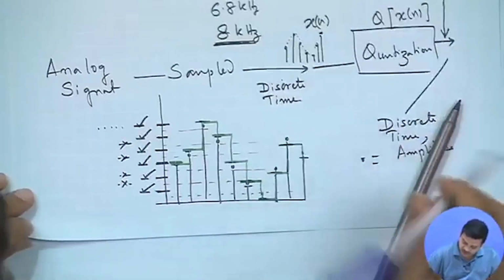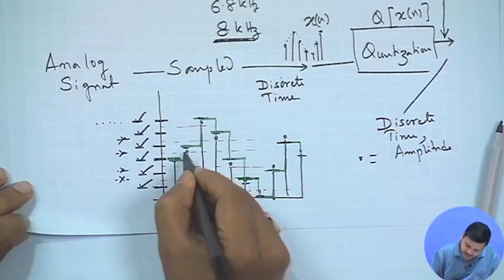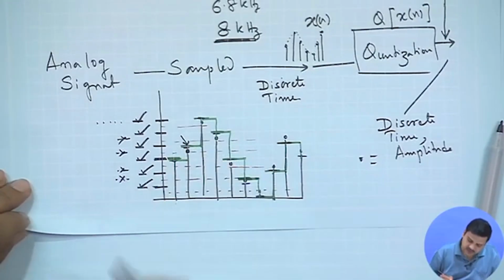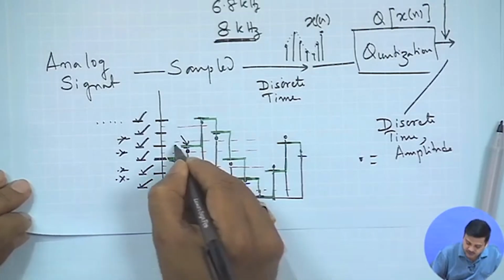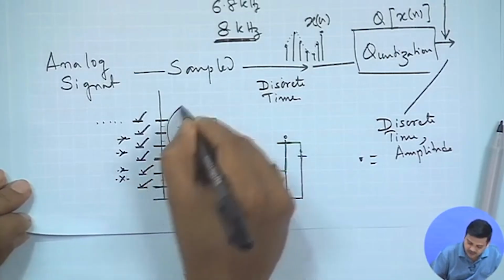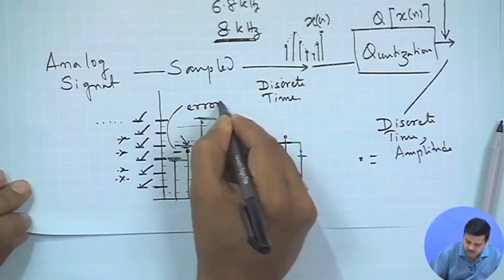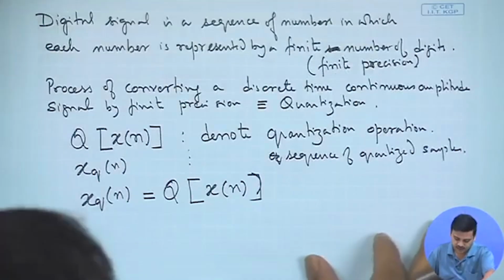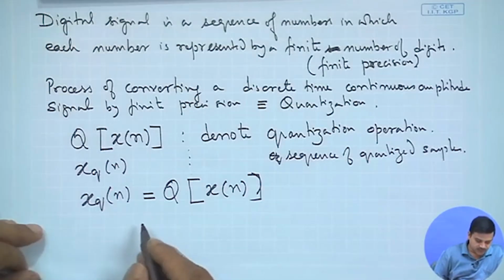So, when you do this, instead of representing the signal which is here, you are actually representing it by this level, right. So, there must be an error. So, there is an error that is introduced. This error is known as the quantization error.